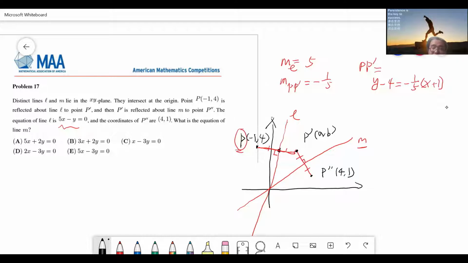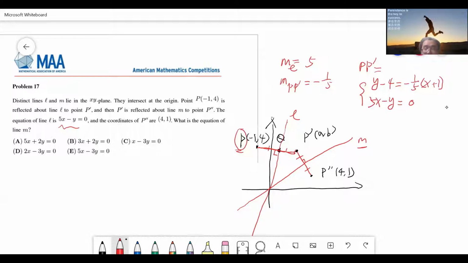So if we call this Q, we can find the intersection by solving the equation system: this one and 5x minus y equals 0, right? So we have line L, we have line PP prime. So the intersection Q is going to be the solution of this equation system.